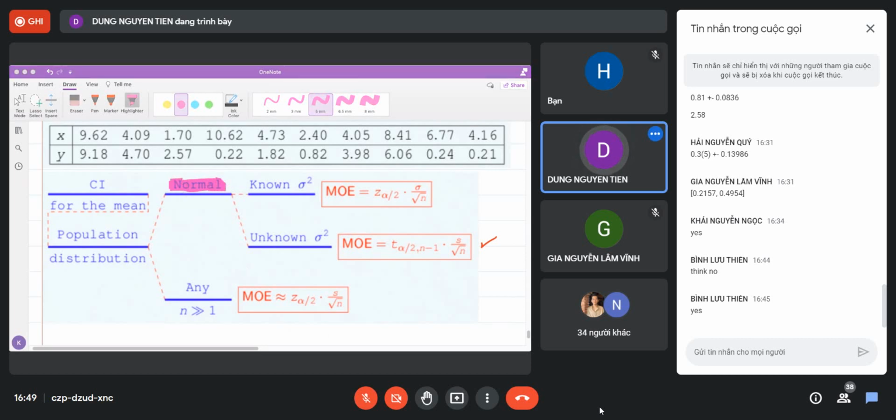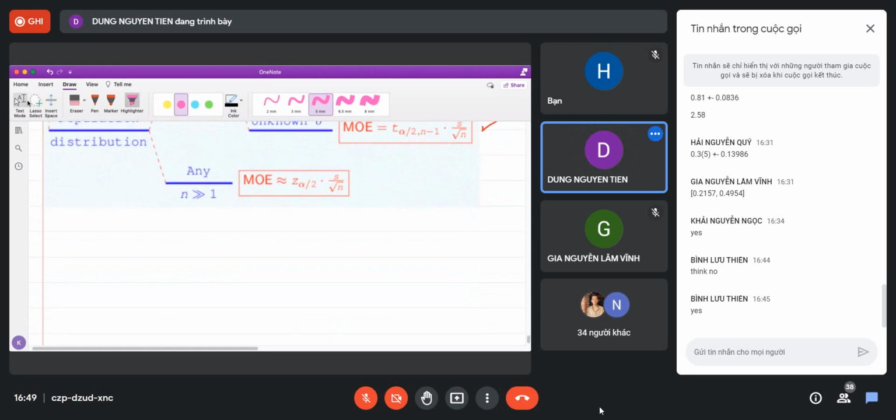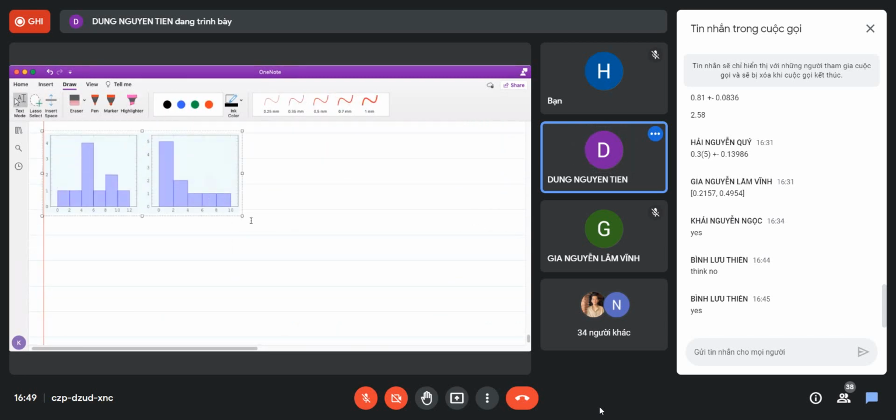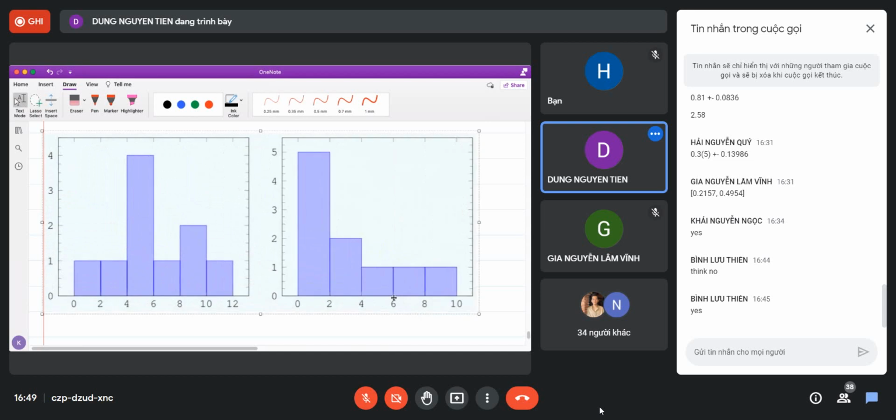Okay, now I'm going to draw the histogram of the two data sets. And this is what I get. For the first one, you can get something like this, right?